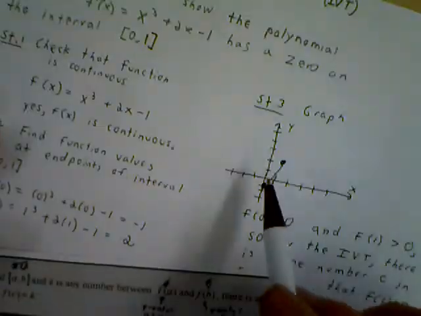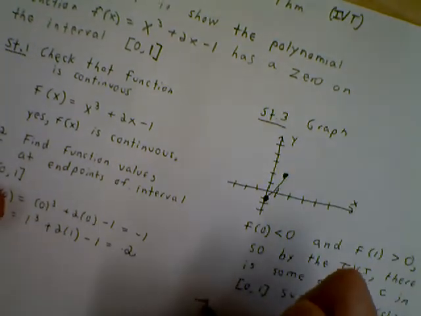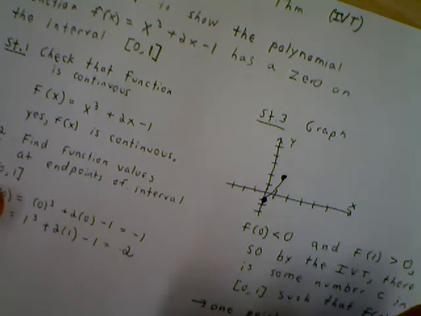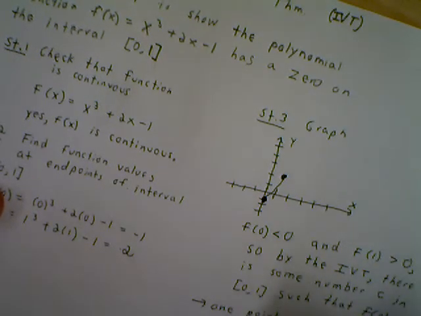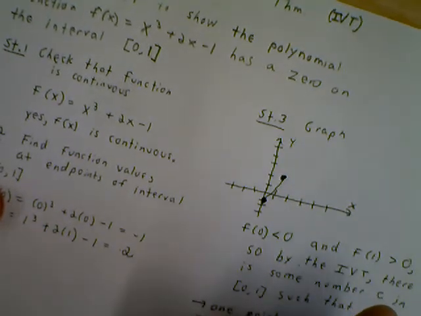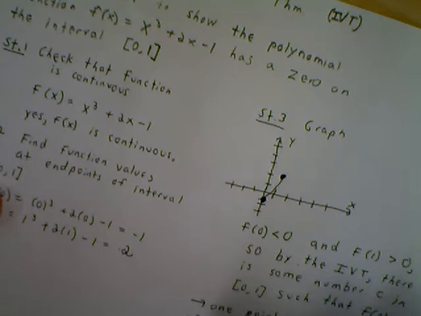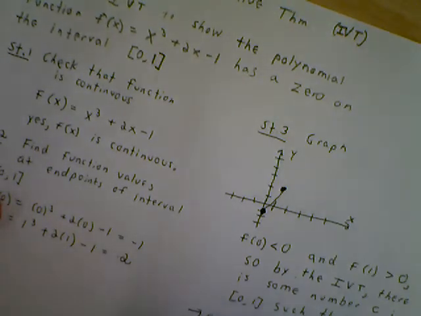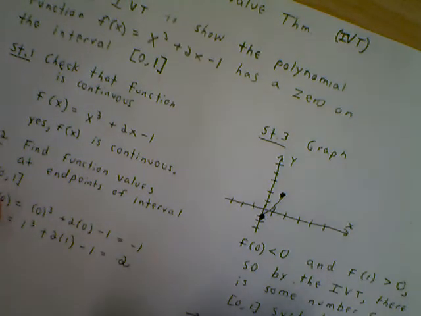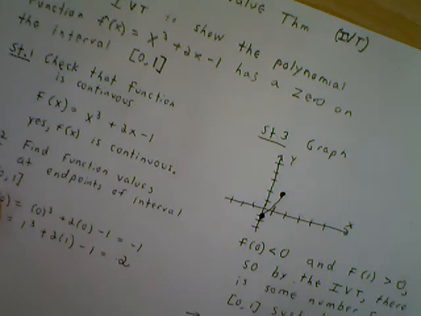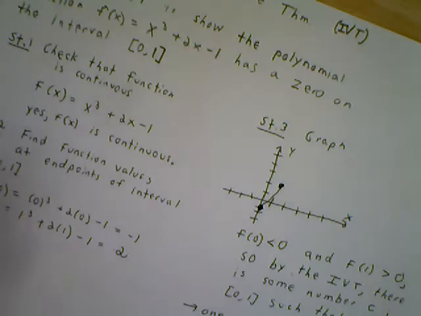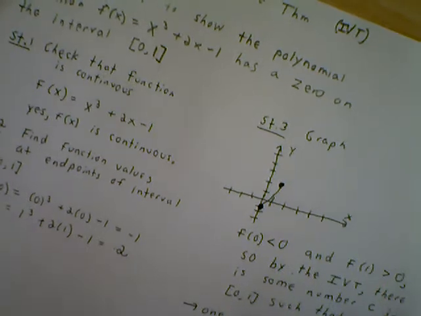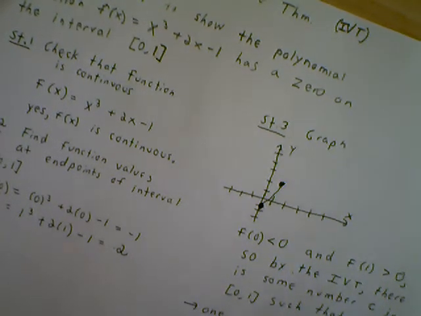In other words, I showed that on this interval I had one point below the x-axis, one point above the x-axis, so the function has to pass through the x-axis if it's continuous on that interval.